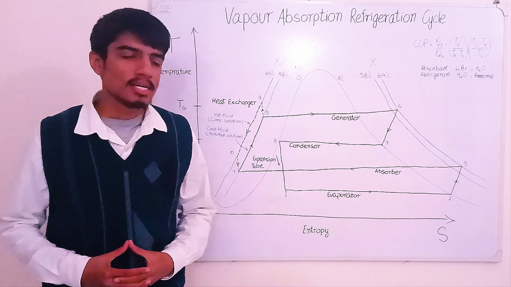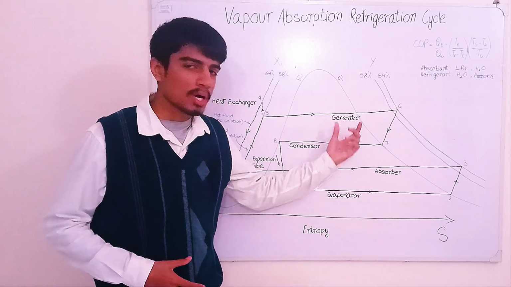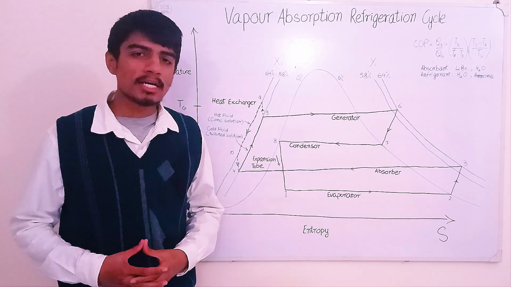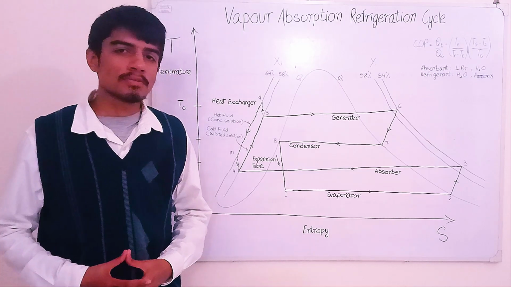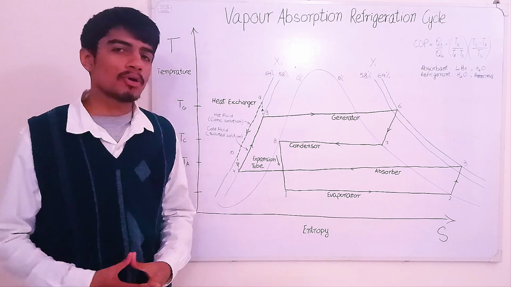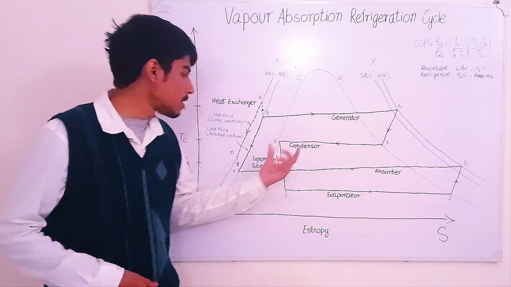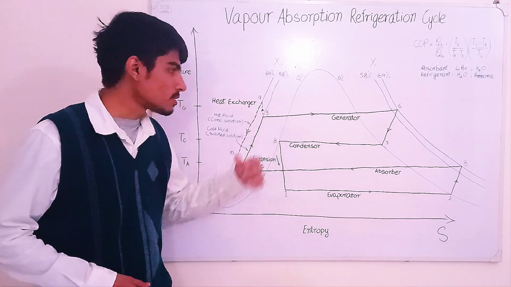In chillers, the generator is also a shell and tube type heat exchanger. In the tubes of the generator, the heating source passes, which may be steam, hot water or exhaust gas, while in the shell of the generator, the weak solution enters.